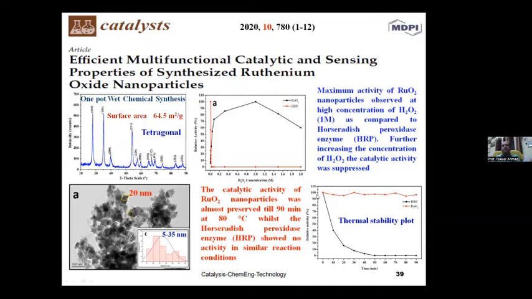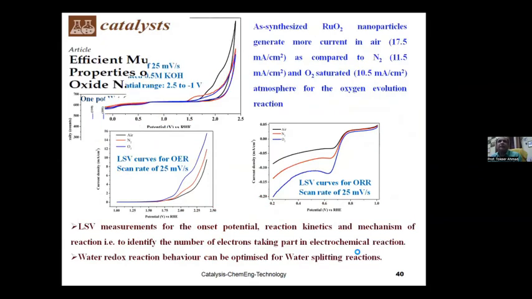On further increasing the concentration of H2O2, the catalytic activity was suppressed. And this is the thermal stability plot, which shows that the catalytic activity of ruthenium oxide nanoparticles was almost preserved till 90 minutes at 80 degrees centigrade, whereas the HRP enzyme showed no activity at all.